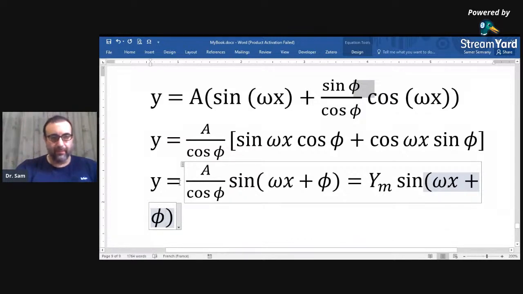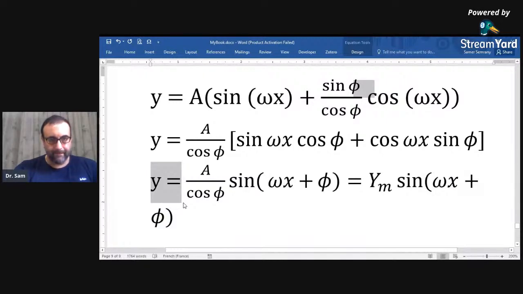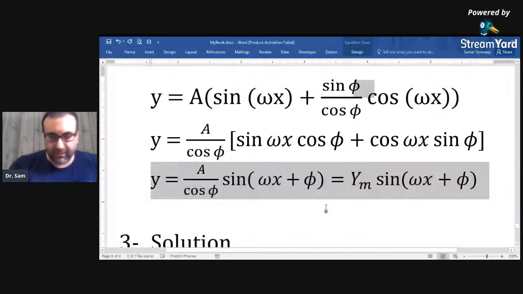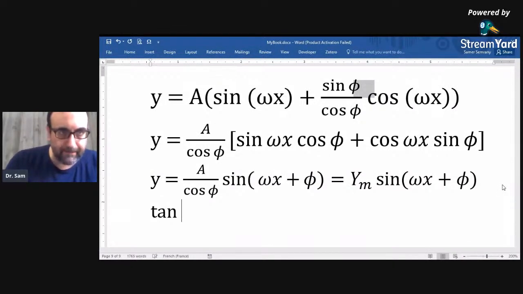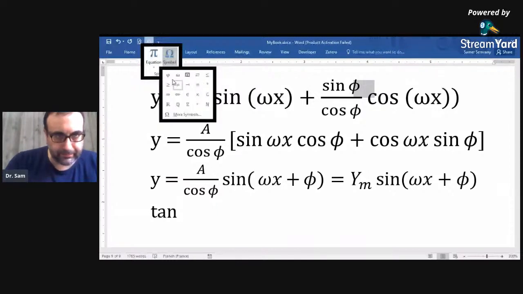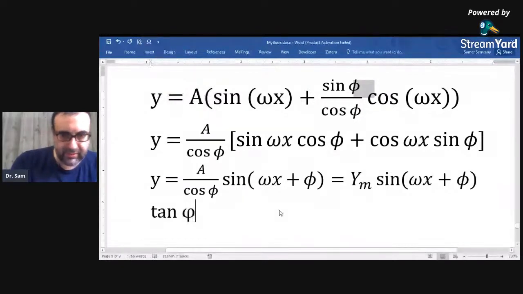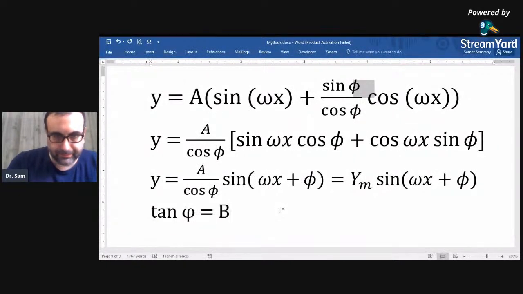So it is the same form by choosing phi such that tangent phi equals A over B, and ym equals A over cosine phi.